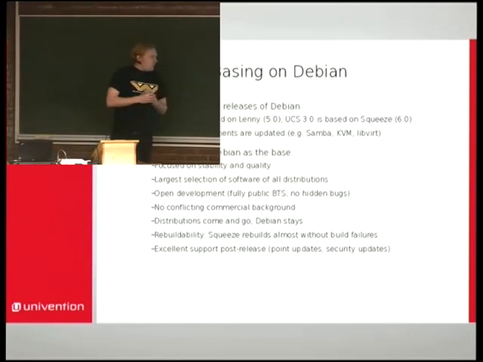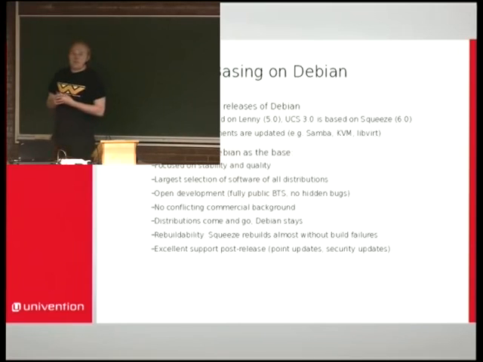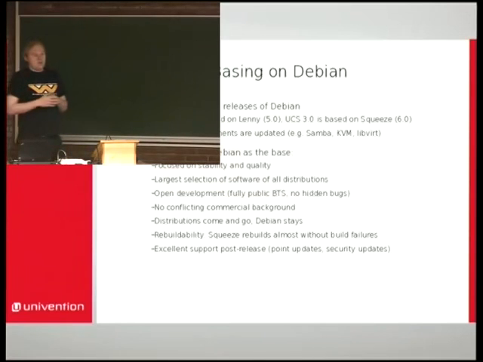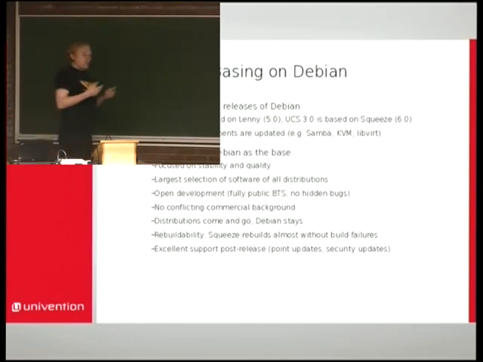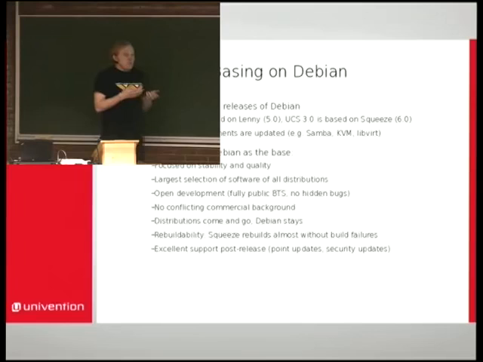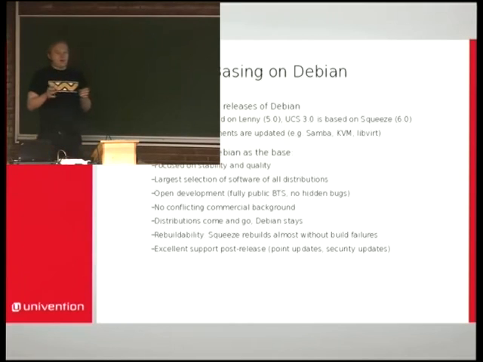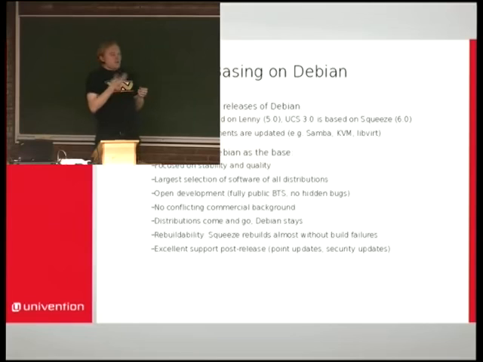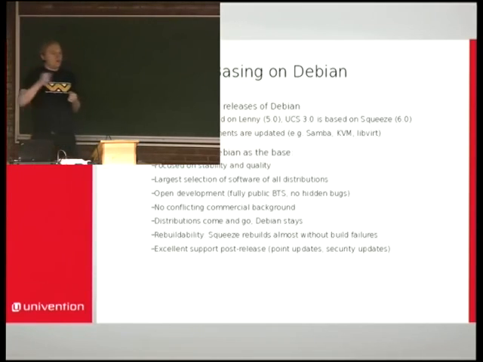For example, when we rebuilt Squeeze, we found no more than at most 10 to 15 build failures, and some of them were actually rather temporal. For example, there was some Perl module which parses financial statistics, and this Perl module had a test suite which downloaded some historic stock values and parsed them.